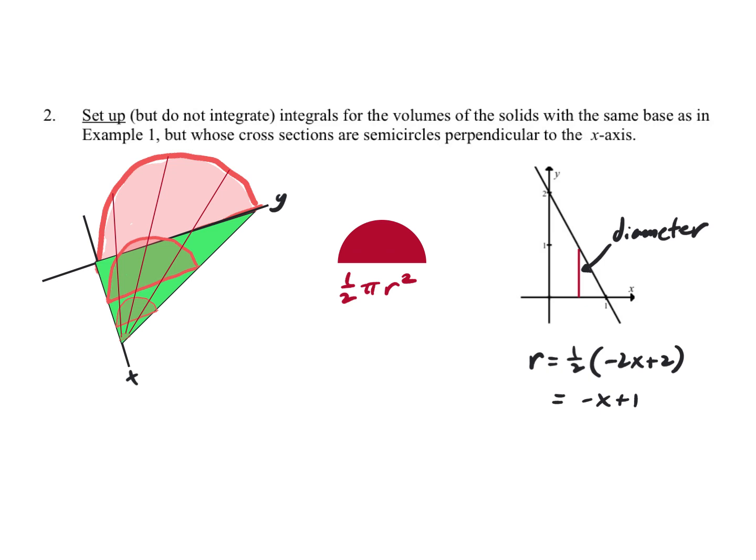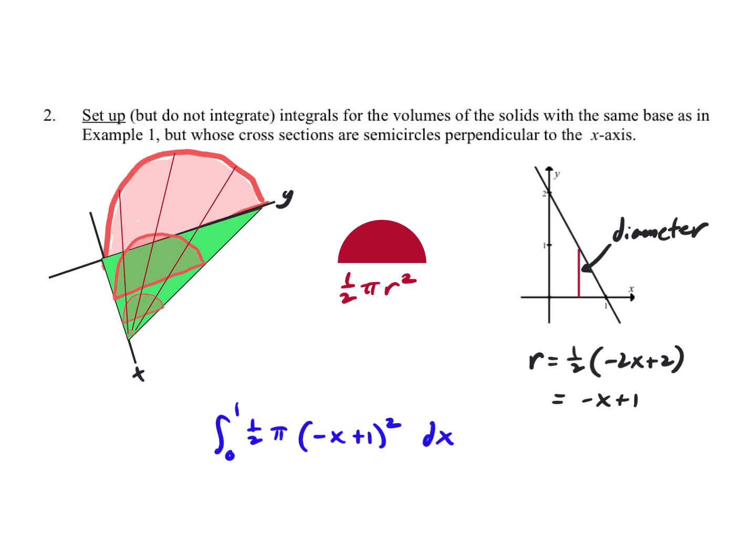So then from there, we have everything we need. We're still integrating from 0 to 1. I'm using this formula. Now you could put the 1/2 pi inside the integral, or you can put it out, because all of this is a constant. But it doesn't matter. I put it in, and then here's my formula.